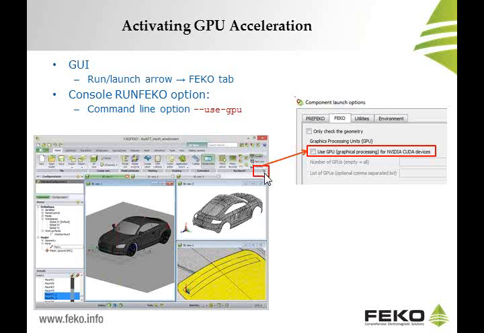Clicking on there opens the component launch dialog, and there on the FEKO tab there's a checkbox, use GPU, and we automatically detect, of course, if you don't have a supported GPU with the necessary NVIDIA CUDA drivers, we will give a warning and fall back to the regular CPU usage. From the command line, if it is used from scripts or queuing systems and so forth, it's just adding the --use-gpu command line option to the runfeko command.